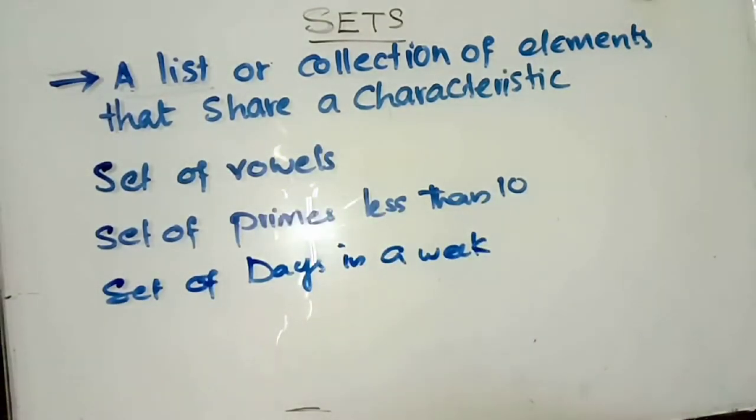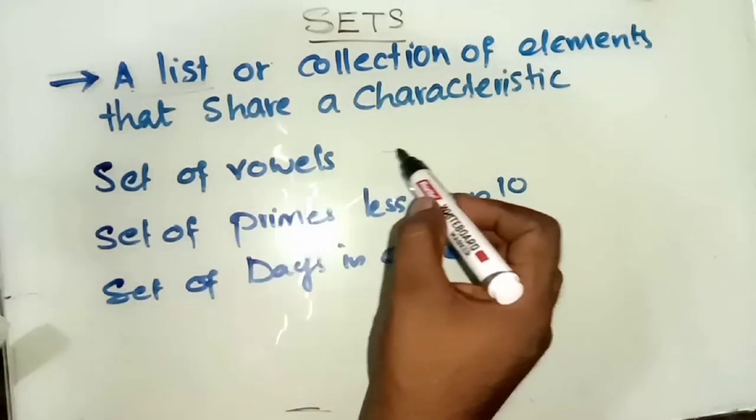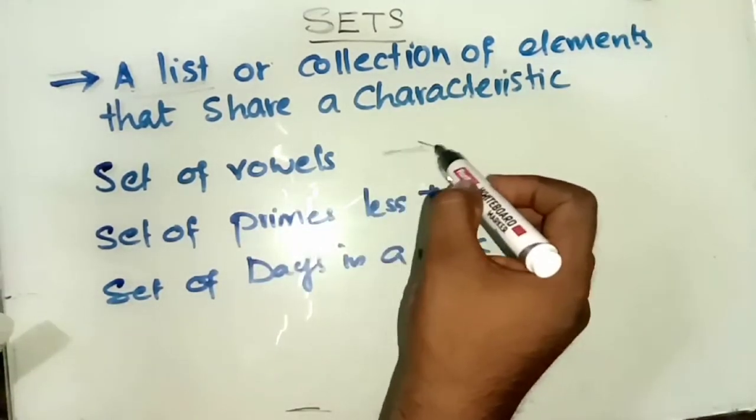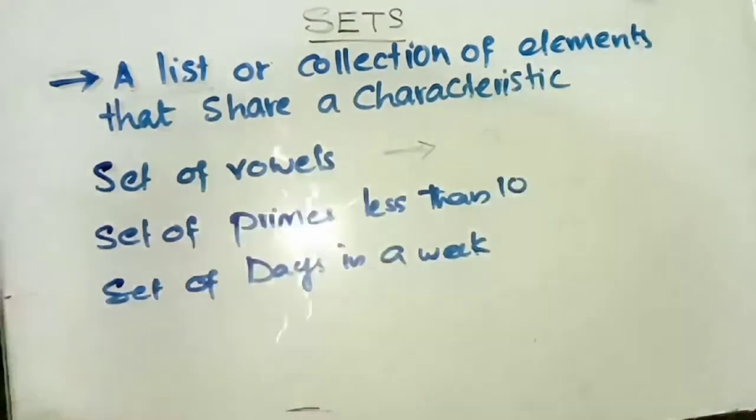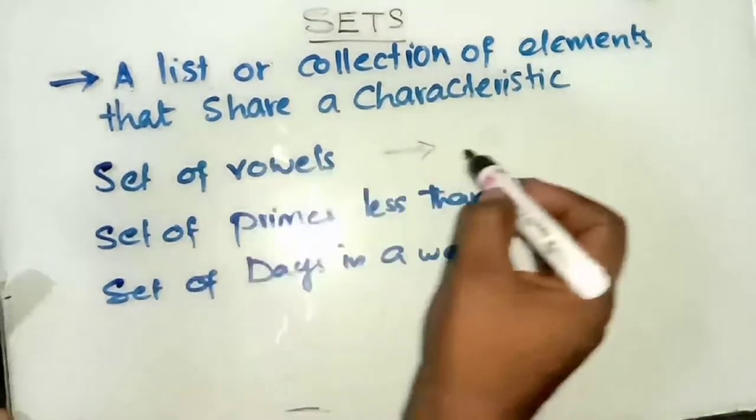So all these are a group of objects or elements which share a particular characteristic. Like set of vowels shows a particular characteristic. So we can write the elements as A, E, I, O, U. What are the set of vowels?